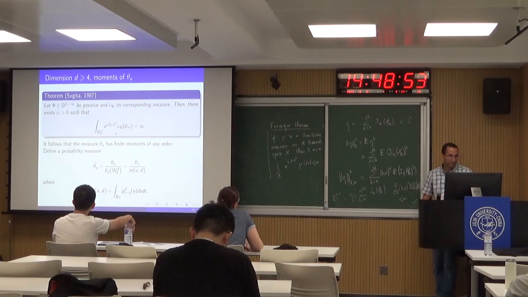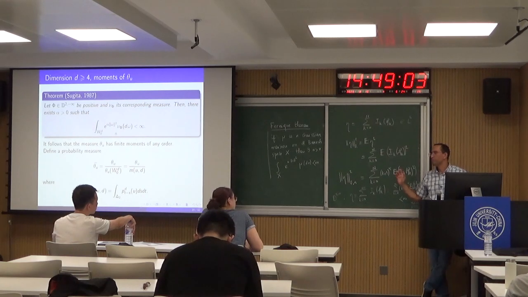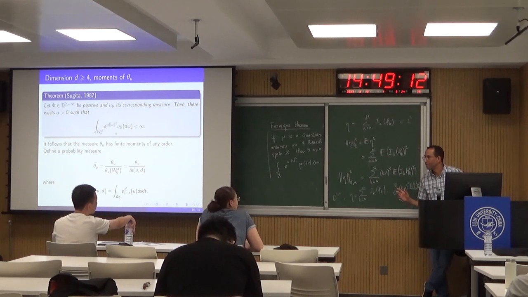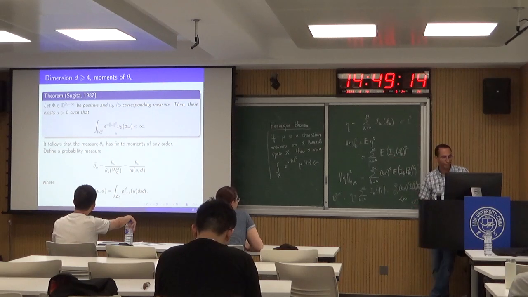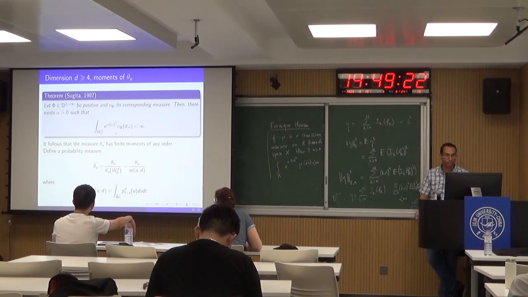It will depend on the covariance matrix, and for example it can be the minimum eigenvalue of the covariance matrix. But the result is even more general: even in some infinite-dimensional Banach space it still holds.